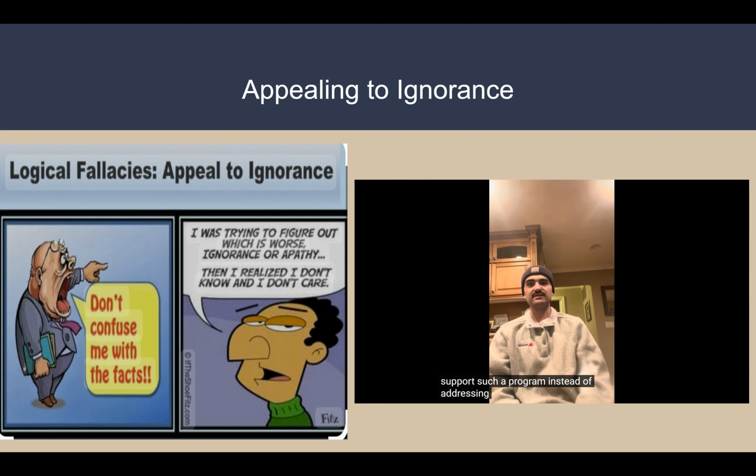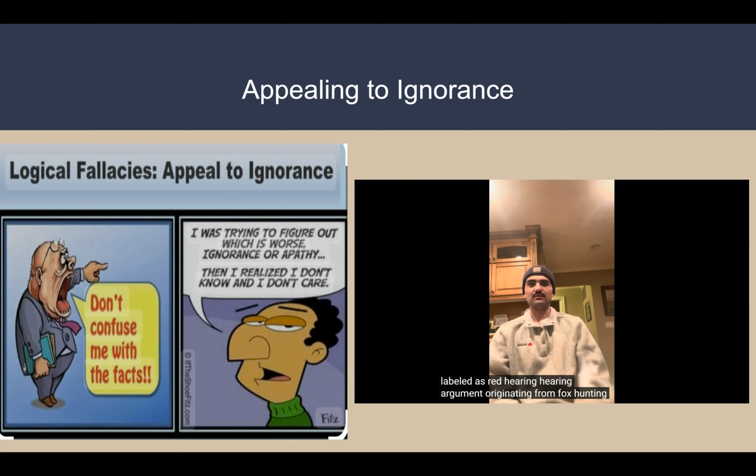Instead of addressing these points, the candidate pivots, listing benefits of improved healthcare access, sidestepping the central question of whether this plan is workable. By ignoring the main concern, the speaker relies on the appeal to ignorance, diverting us from the plan's potential flaws. According to our class textbook, this fallacy can also be labeled as a red herring argument.